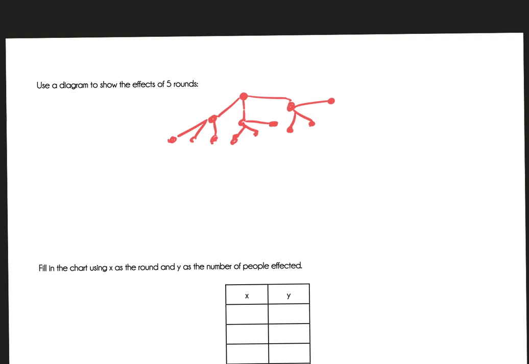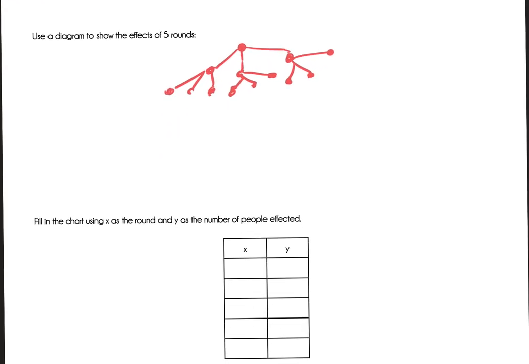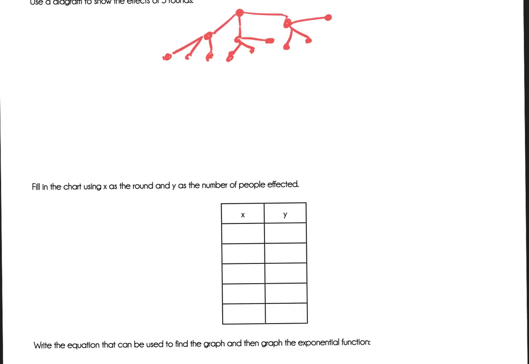So then if 9 people each impact 3 people's lives, how many are they getting to? 27. And if 27 people impact 3 each, how many do they affect? 81. Let's see if anybody can get the last one. If 81 people affect 3 people, then how many? 243.